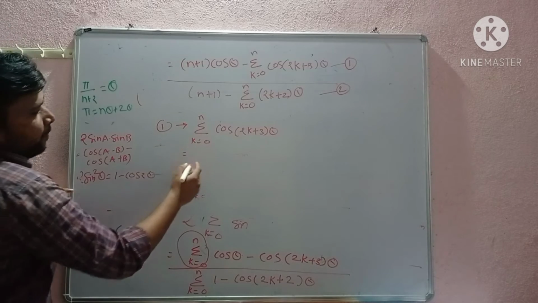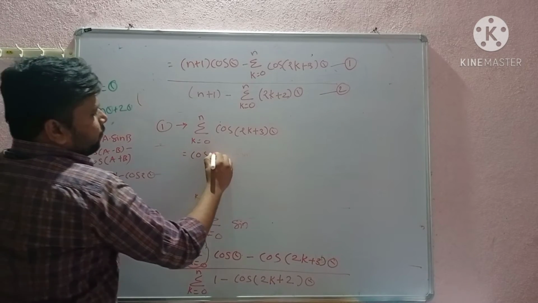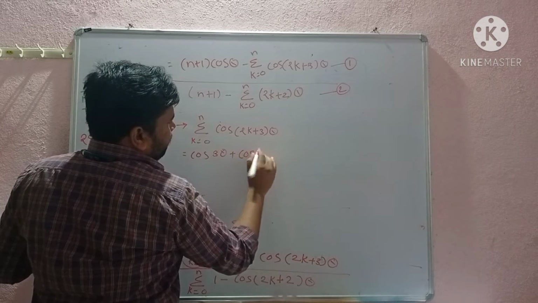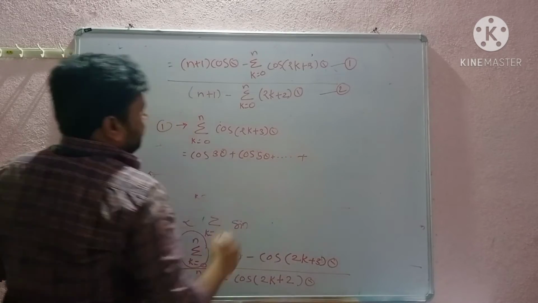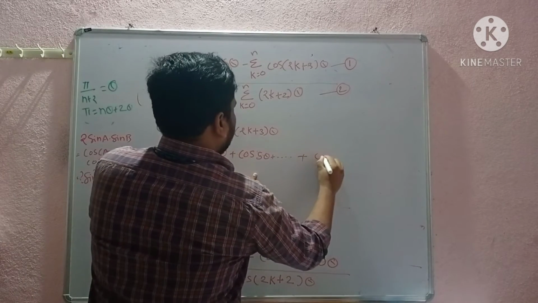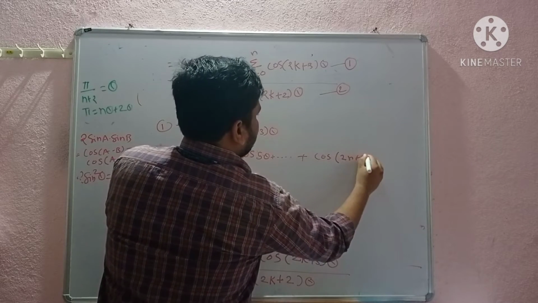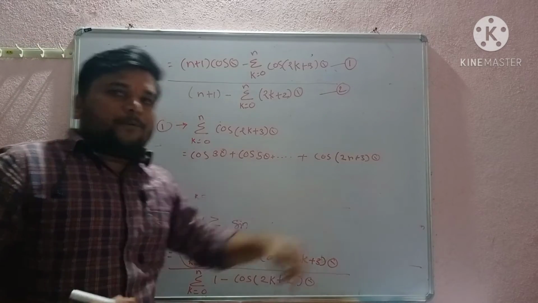Okay, so for 0 it will become cos 3 theta, for 1 it will become cos 5 theta, and so on, till the nth term, it will become cos (2n plus 3) theta. Are you observing any pattern in this equation?